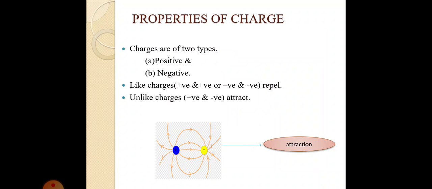Properties of charges. There are two types of charges: one is positive charge and the other is negative charge. Positive charge is a loss of electrons, known as protons. Negative charge is a gain of electrons, known as electrons. The force is attraction or repulsion depending upon the mutual signs.